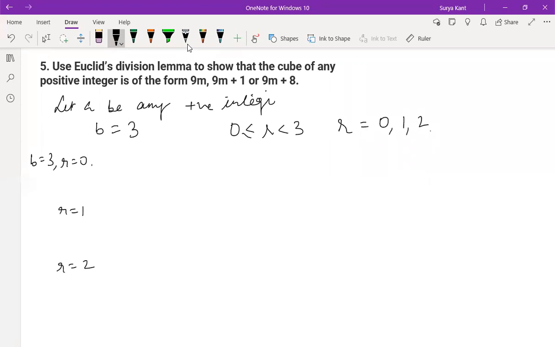Now put the value of b and r in which part? a is equal to bq plus r. So we can write a is equal to 3q plus 0, it means just write simply 3q. Then a is equal to 3q plus 1. Then a is equal to 3q plus 2.